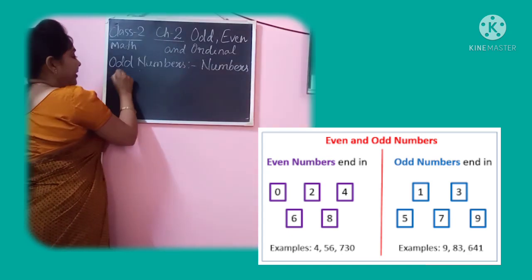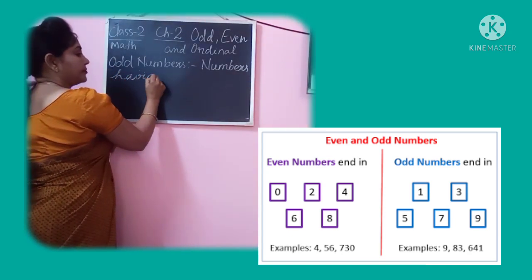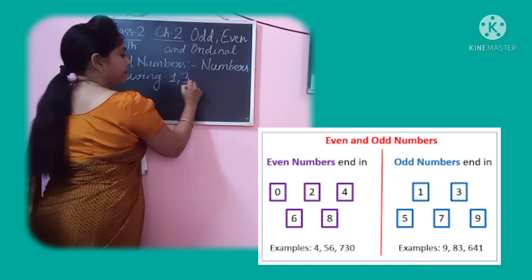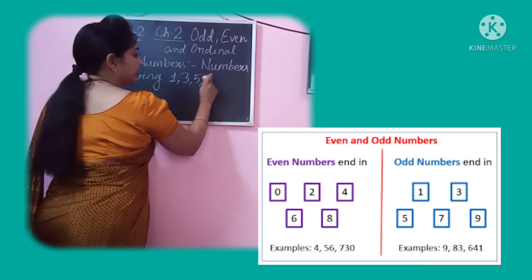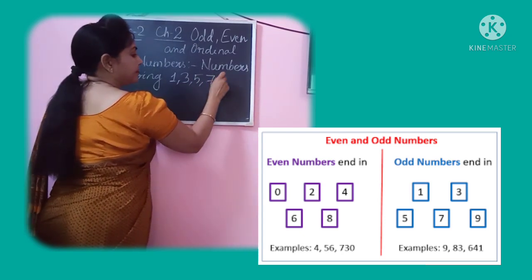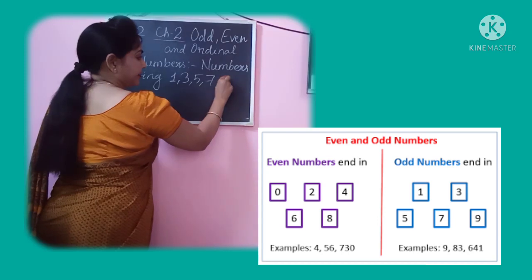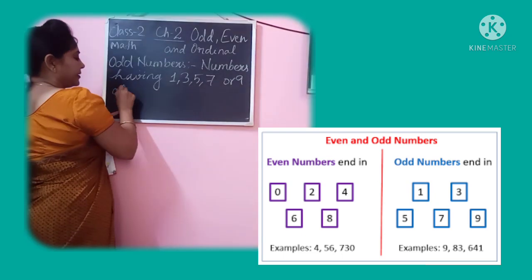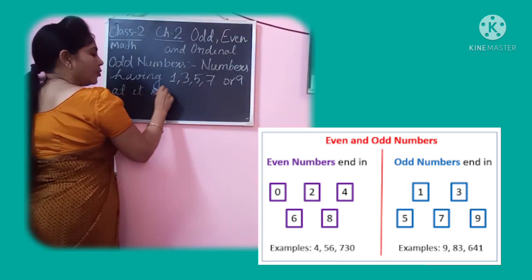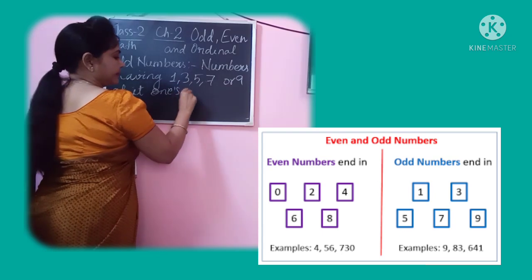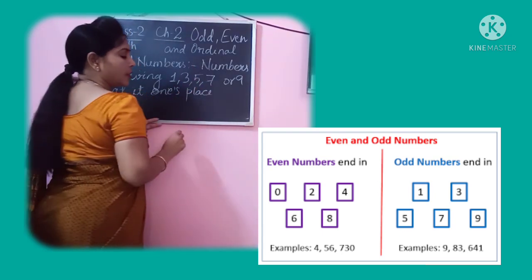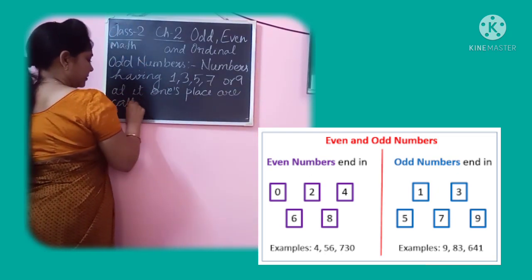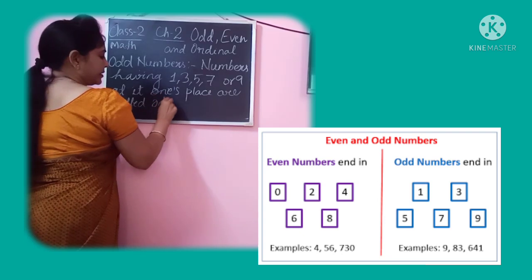Numbers having 1, 3, 5, 7 or 9 at their ones place are called odd numbers.